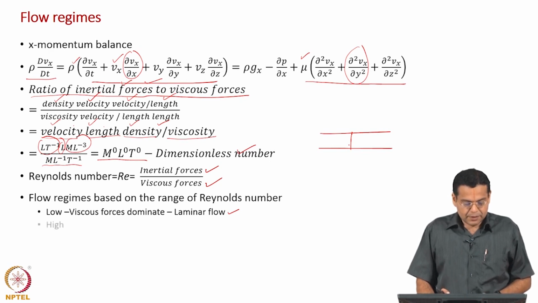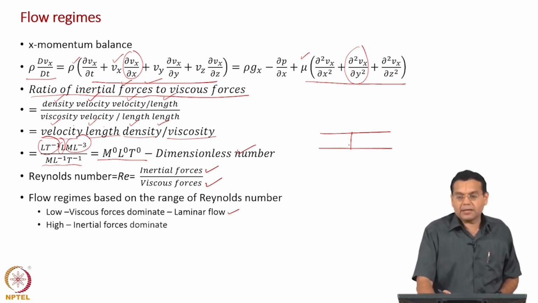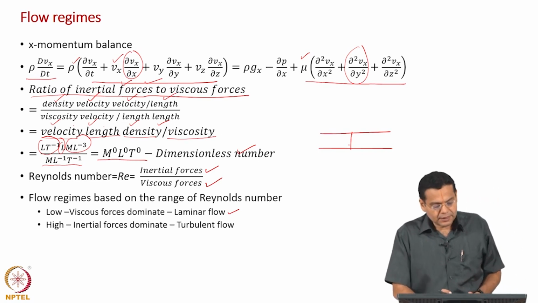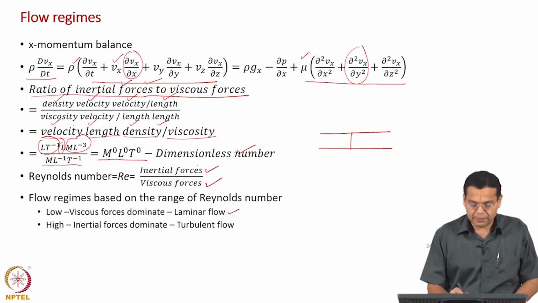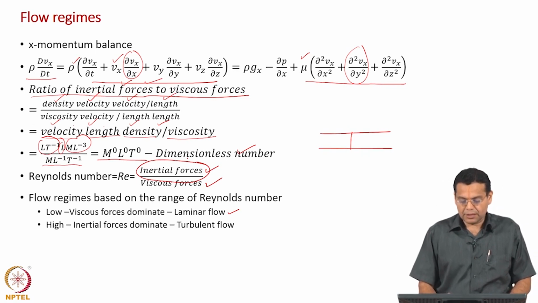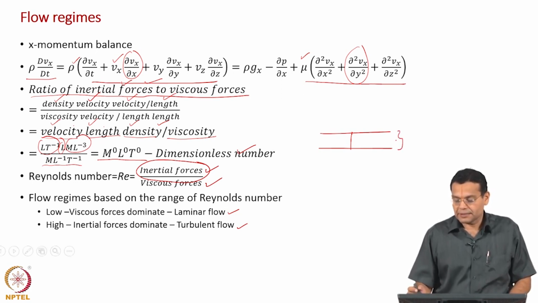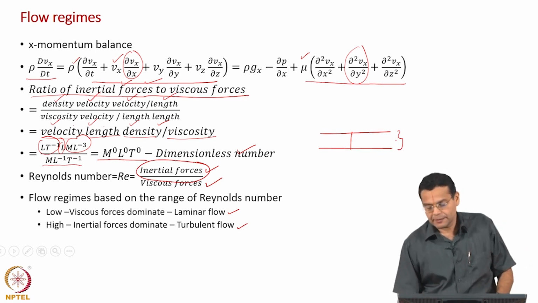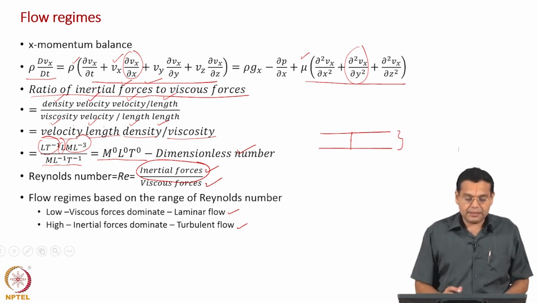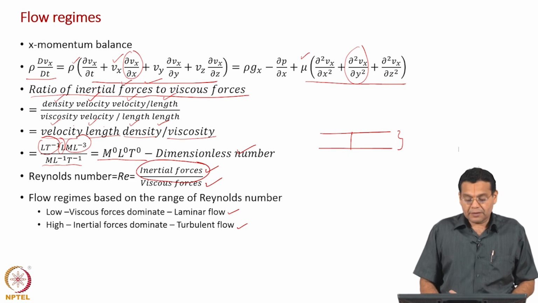And what happens at high Reynolds number? The inertial forces dominate, the numerator dominates, and we call the flow turbulent. When can it happen? The velocity is high, the channel dimension, let us say the diameter, is very large, and density is also high, and viscosity is less.